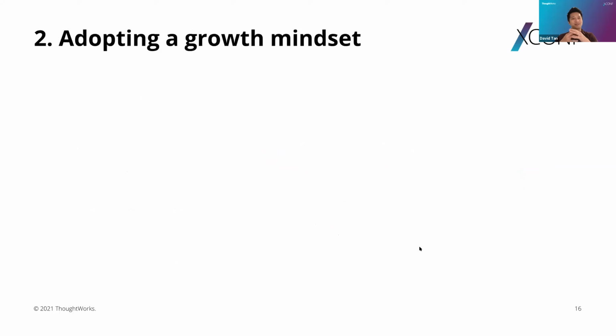So growth mindset, right? This phrase comes from an excellent book by Carol Dweck. The book is called Mindset. And the premise of the book is that no one can do everything, nor should we try to do everything. But anyone can do anything with the right mindset, the right support structures, and with deliberate practice.